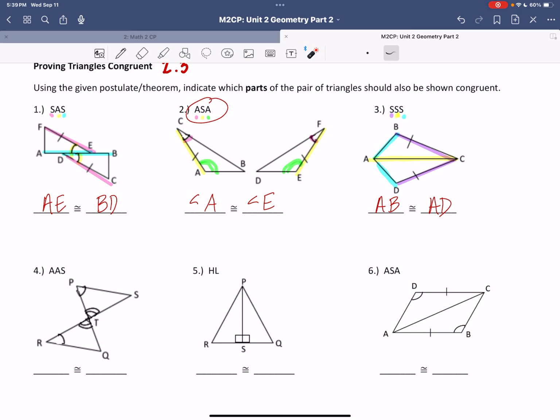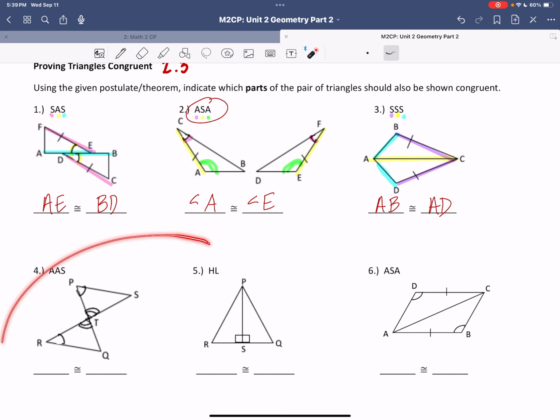You'll learn about that in a second. So we've got a side, we've got a side, so we need this side here to make it congruent. So again, we were given a side, it shares a side with the other, so it's congruent to itself, and we need this side to make it congruent. So AB is congruent to AD.